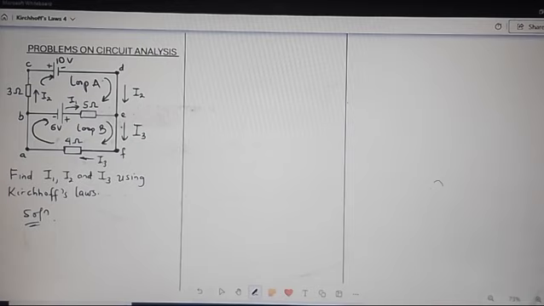Since the sum of the current entering a junction is equal to the sum of the current leaving the junction, two of them are entering, which are I1 and I2, and only one is leaving. So we equate the sum of I1 and I2 to I3, applying Kirchhoff's current law, KCL for short.